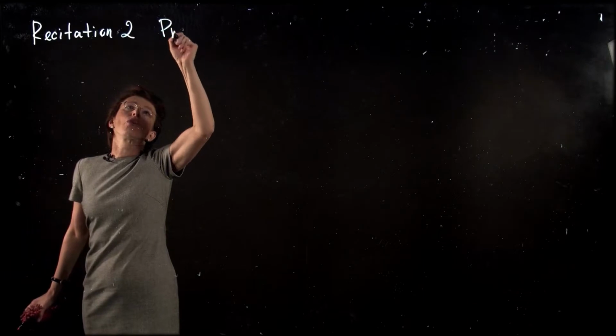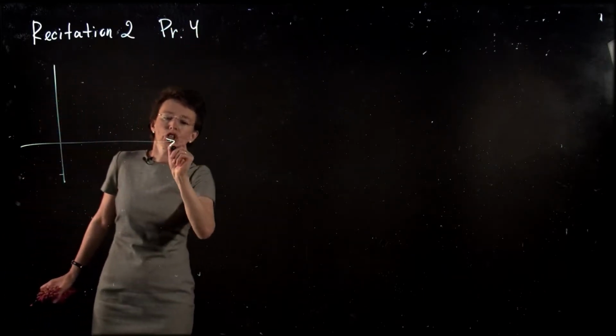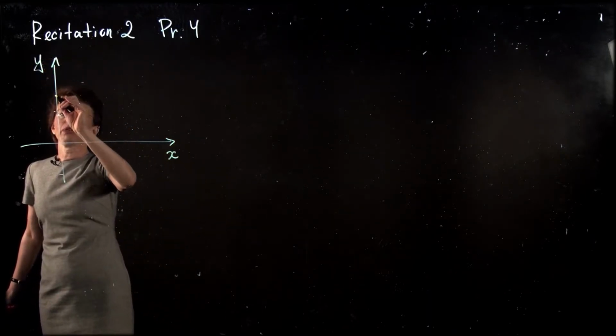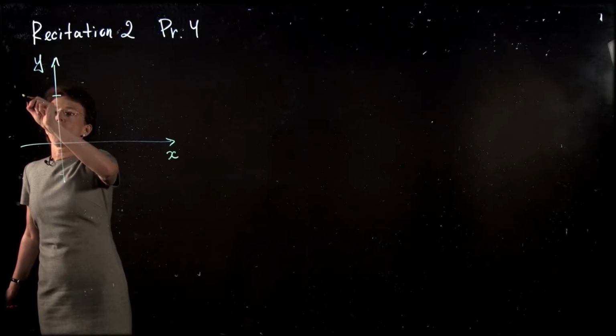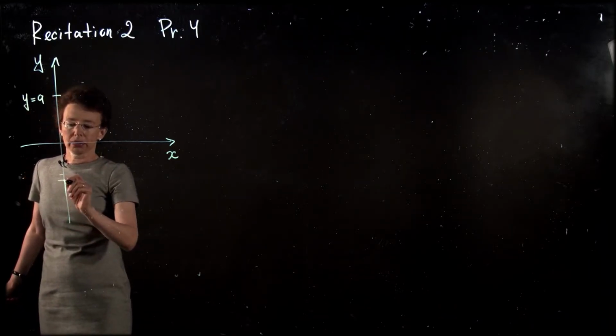Problem 4. For problem 4, we will have charge Q that is uniformly spread from y equals a to y equals minus b.